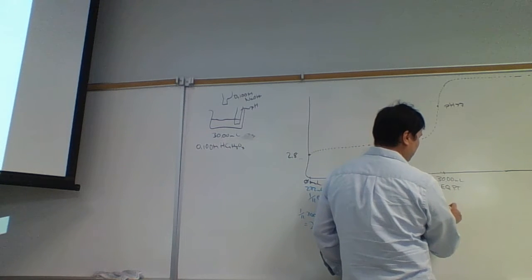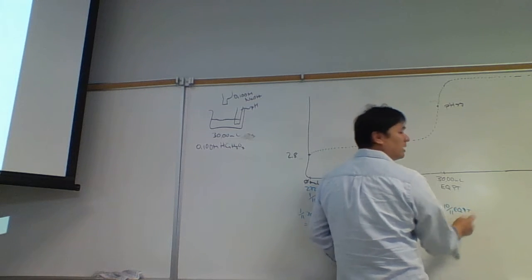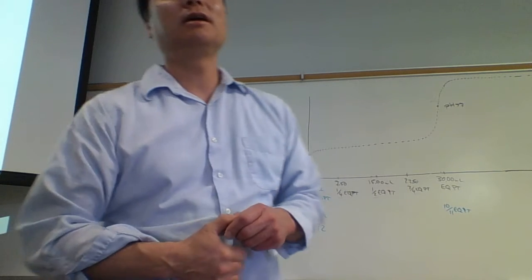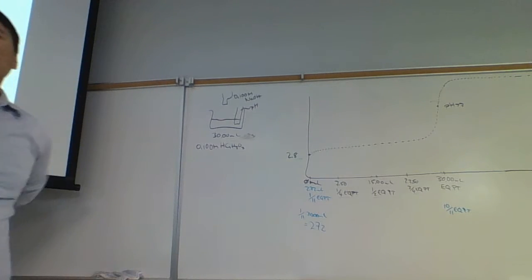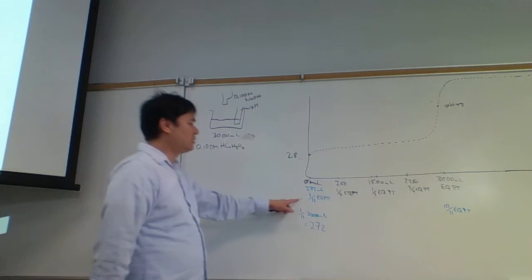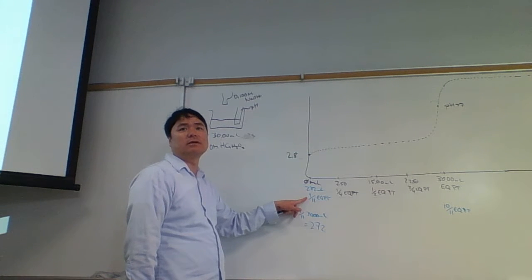We want something called the 10/11th equivalence point, where we've neutralized 10 parts out of 11 parts total. 10/11ths is also called 90.9% neutralized. At the 1/11th, it's 0.909% neutralized, or about 1% neutralized.